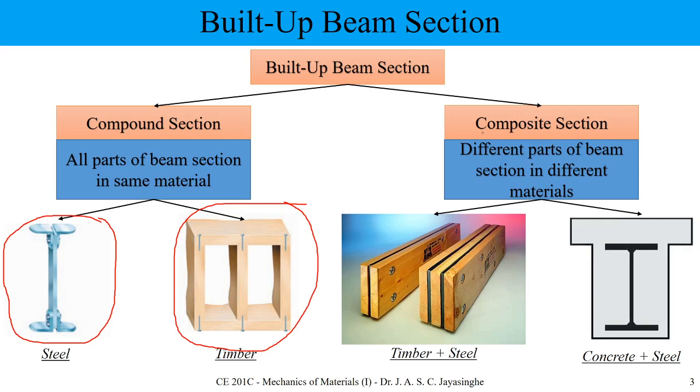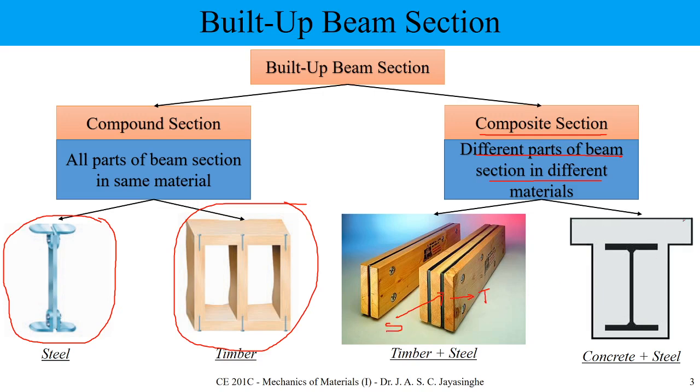When you come to the composite one, again these are different parts we are assembling, but they are different parts of the beam section in different materials. As an example, here we can see a sandwich structure: timber, with steel plates inside.